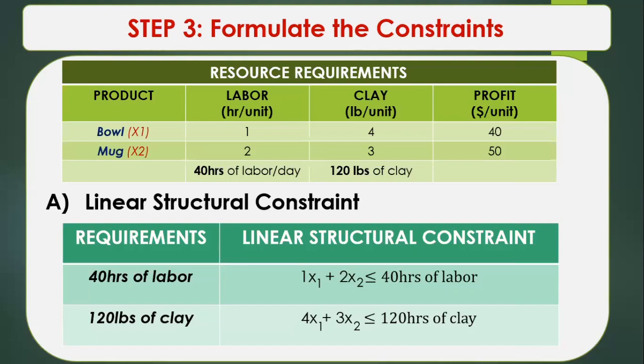However, we also need to consider the fact that the company may either decide to stop the production of both products or may decide to manufacture any amount of both products. The final constraint to be formulated is then the non-negativity constraint.